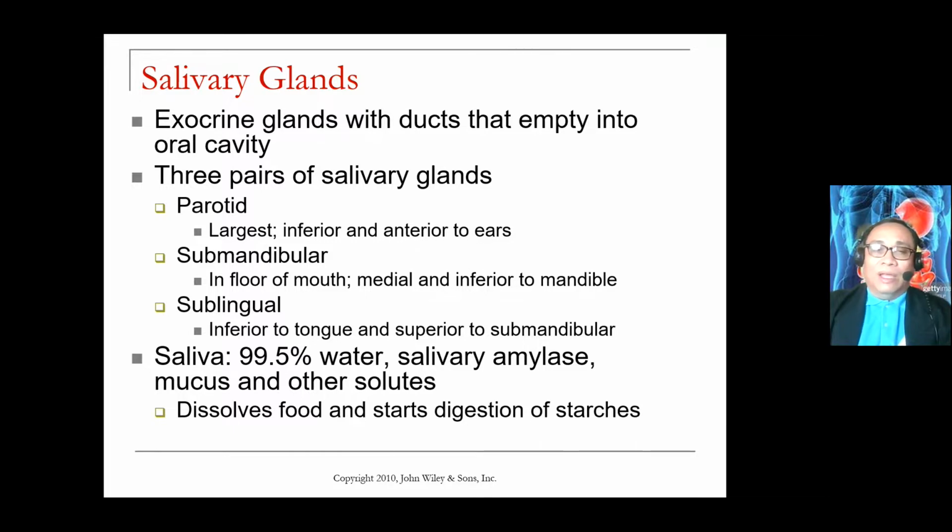We have the parotid glands. This is the largest gland situated anterior to the ears, and it is where it becomes swollen when infected in a person who is suffering from the mumps or beke. Submandibular gland is in the floor of the mouth. It is medial and inferior to the mandible. And sublingual is inferior to the tongue and superior to the submandibular bone.